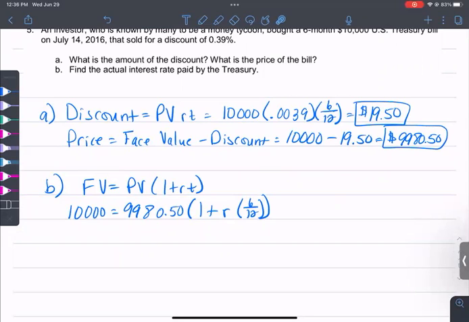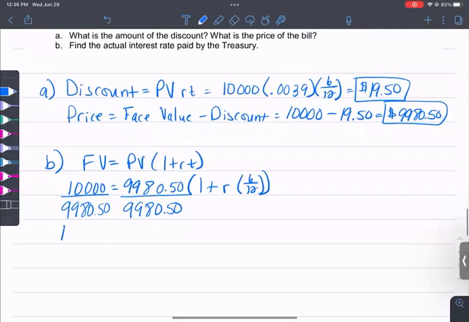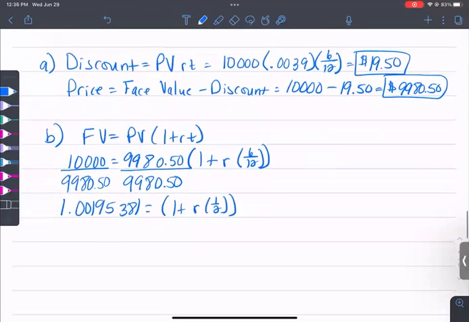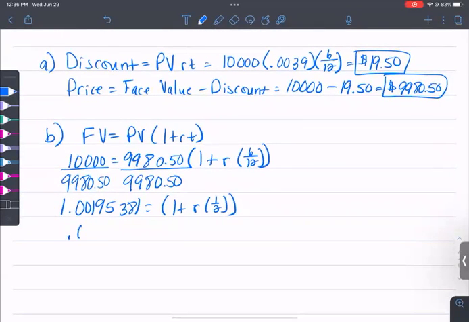So similar to the way I solved before, I'm going to divide by this $9,980.50. And then this would be 1 plus R times 1/2. I simplify, subtracting 1 from both sides.